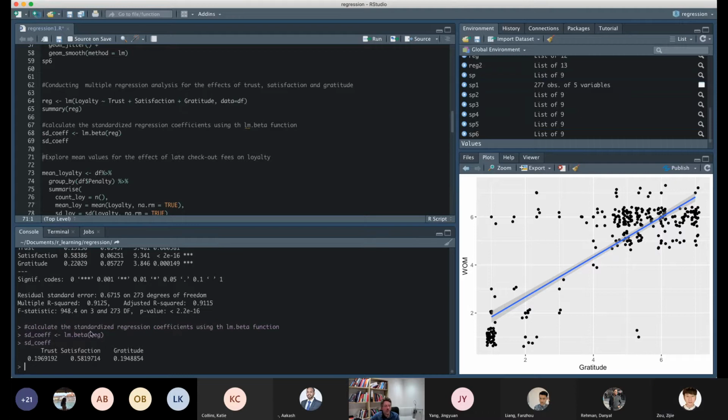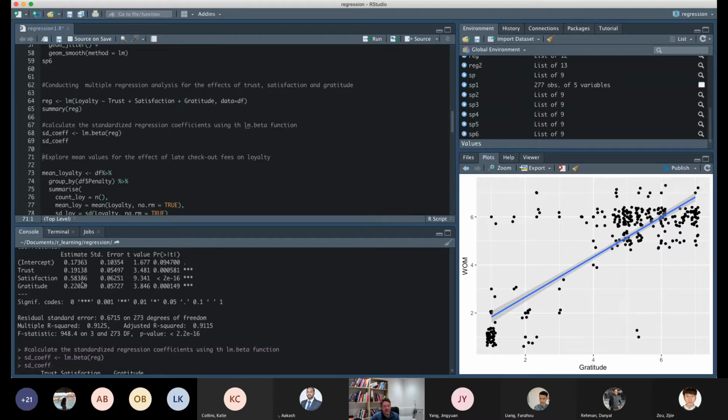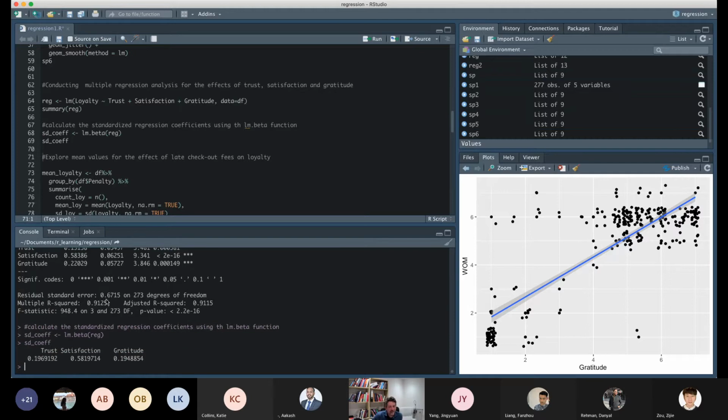You might think based on your unstandardized coefficient that one specific variable has the strongest effect, but when the variables are standardized, meaning in the same measurement units, another variable might have the strongest effect. So standardization is very important for variables with different measurement units.